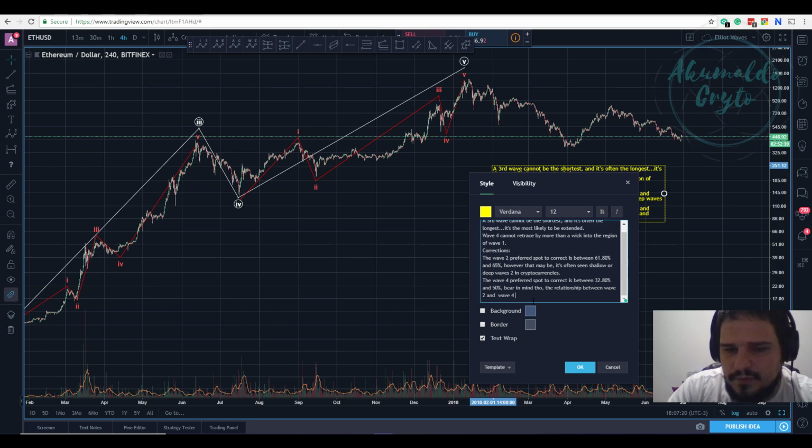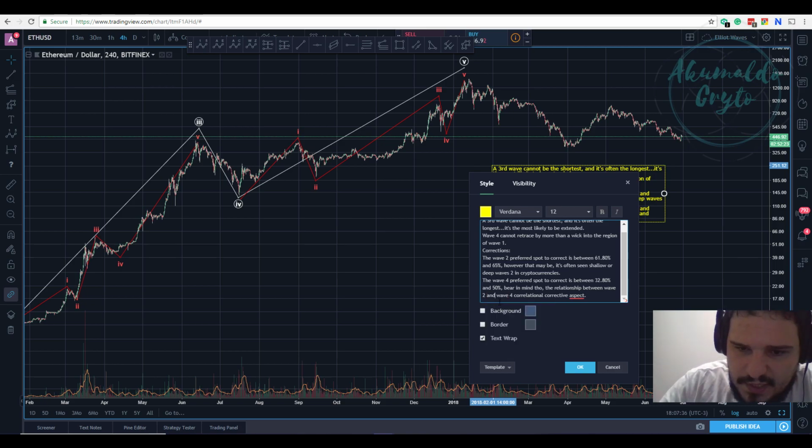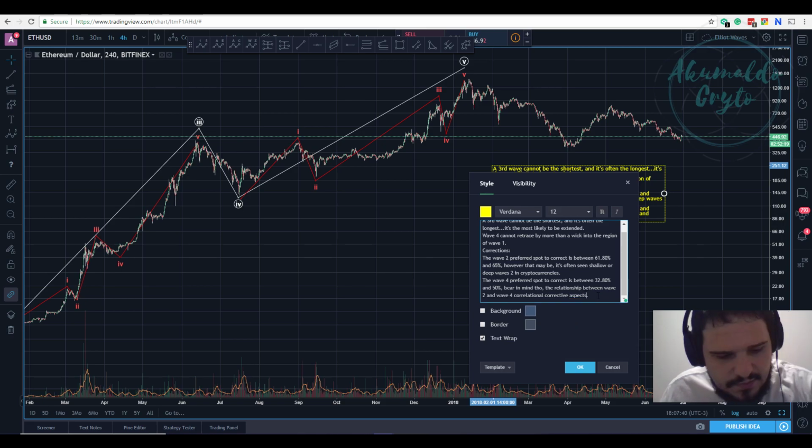Between wave 2 and wave 4, the corrective aspect. Okay, aspects, yes, because we're talking about that.